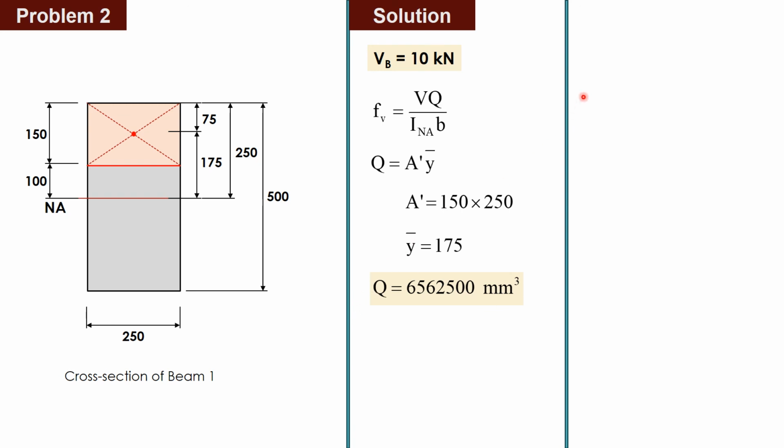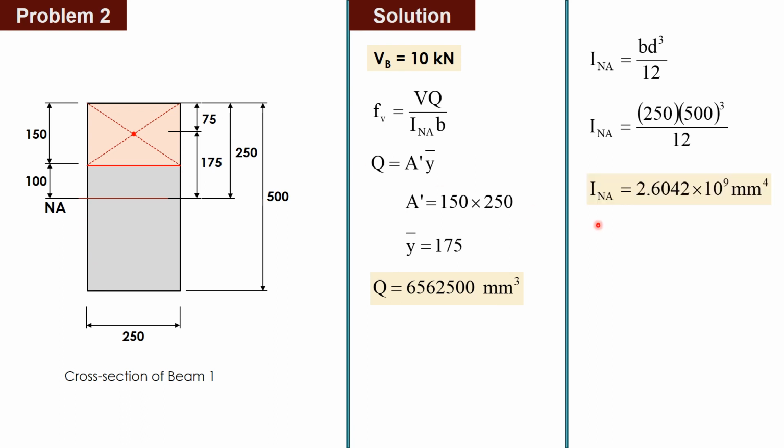And then, here, INA naman, so which is BD cube over 12. Take note, class, na yung INA is for the whole cross-section of the beam. Kaya yung dimensions na gagamitin mo dito for B is 250 and D is 500. Kahit na gumamit ka ng partial. Basta't yung INA mo ay for the whole cross-section of the beam.